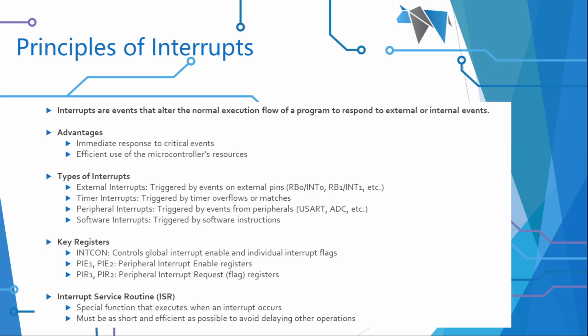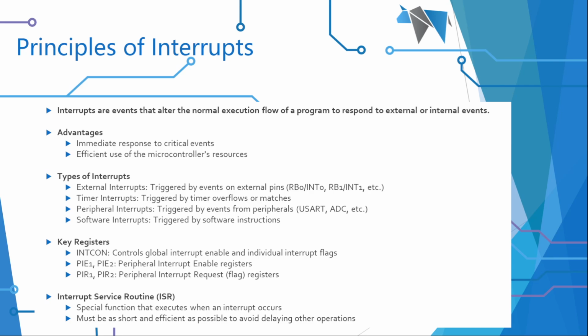It's just carrying on. And an interrupt, or the change of flow of execution, is because of an event. And it could be an internal or external event. Now, there are some advantages. It's responding to critical events, and it can make efficient use of the resources because you don't have long-running code.